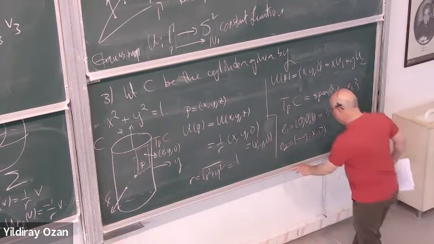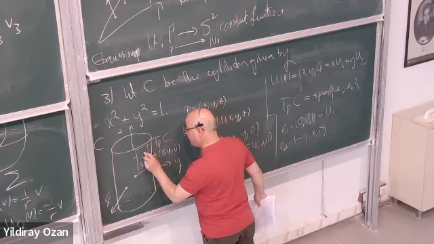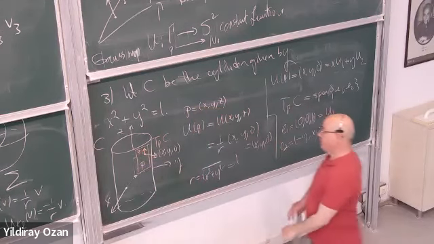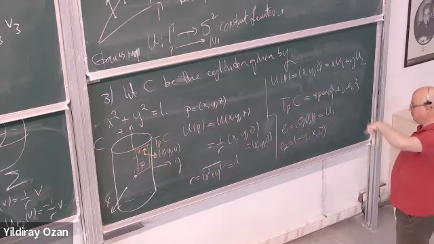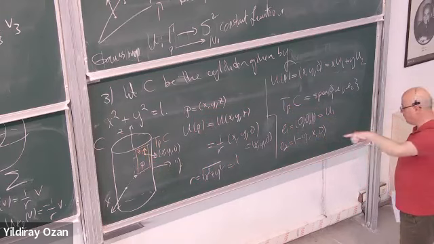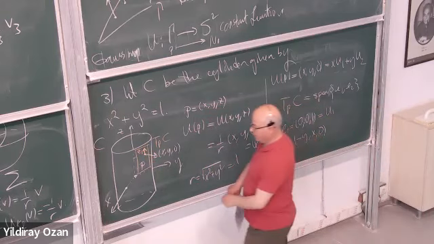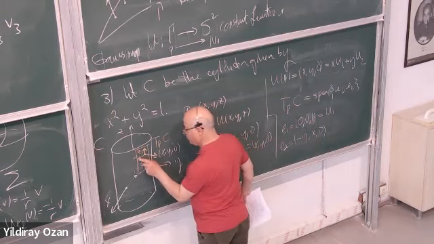So E1 is this vector. And E2 is the vector which goes around the circle, minus y, x. So it is this vector E2.